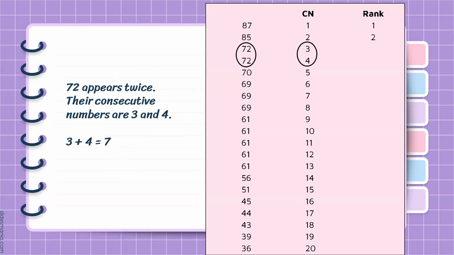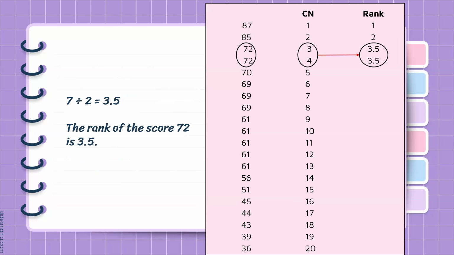So 3 plus 4 is equal to 7. Then the 7 is divided by 2. Why 2? Because the score 72 appears twice. So 7 divided by 2 is equal to 3.5. So the rank of the score 72 is 3.5.